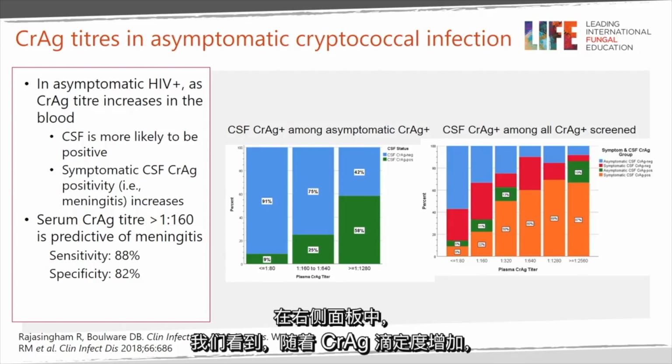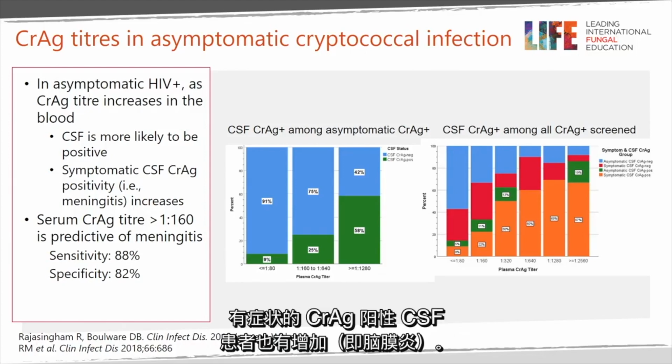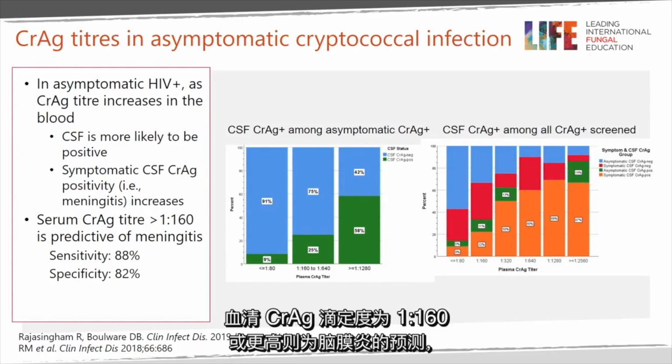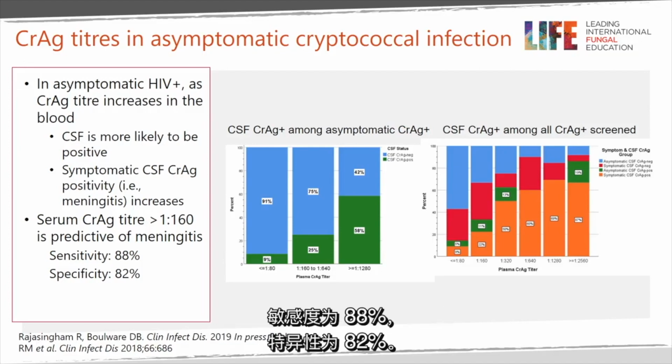On the right panel, we see that as CrAg titer increases, those with symptomatic CrAg-positive CSF increases, i.e. meningitis. Serum CrAg titer of 1 to 160 or greater is predictive of meningitis with a sensitivity of 88% and specificity of 82%.